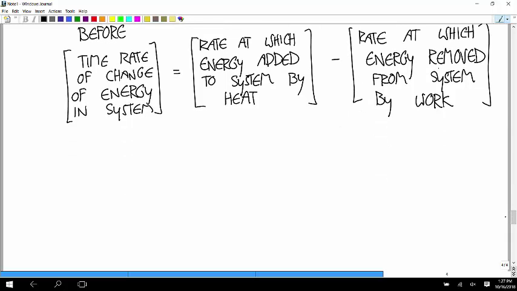Now we have to account for the fact that at any instant, material and energy and other stuff is being carried in at the inlet and being carried out at the exit.